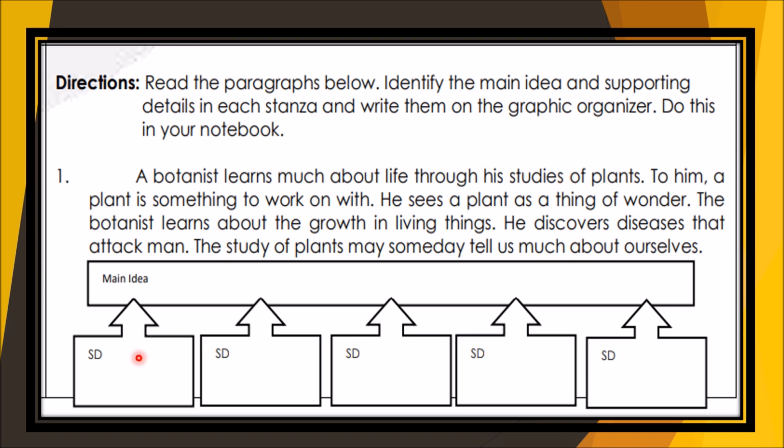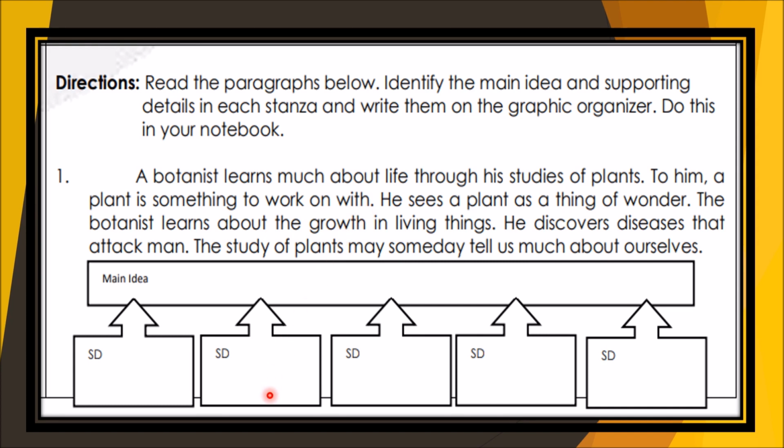Now, how about the supporting details? How many supporting details are we going to answer here? Let's count: 1, 2, 3, 4, 5. The first supporting detail is, to him, a plant is something to work on with. Okay, it's up to you.